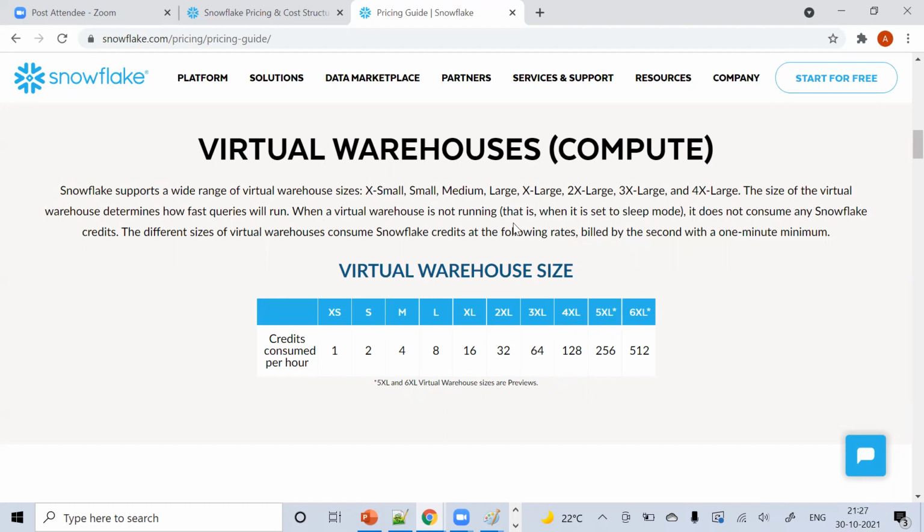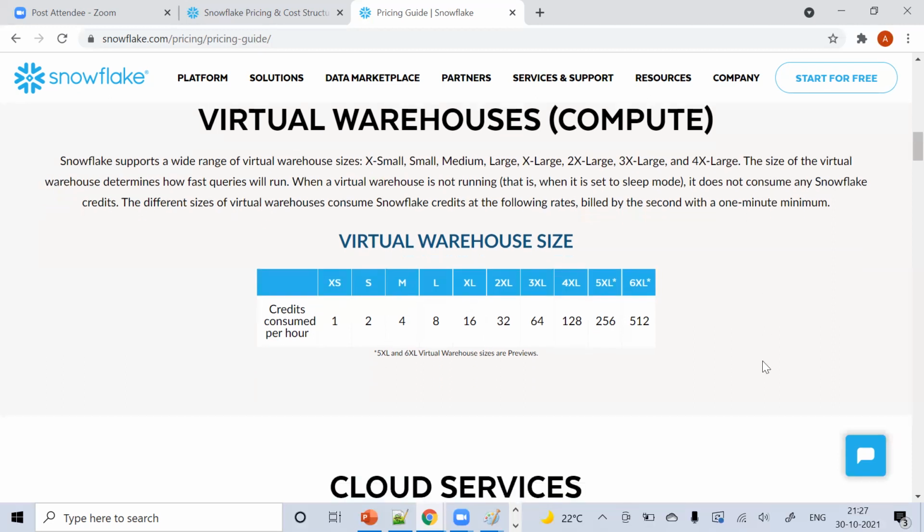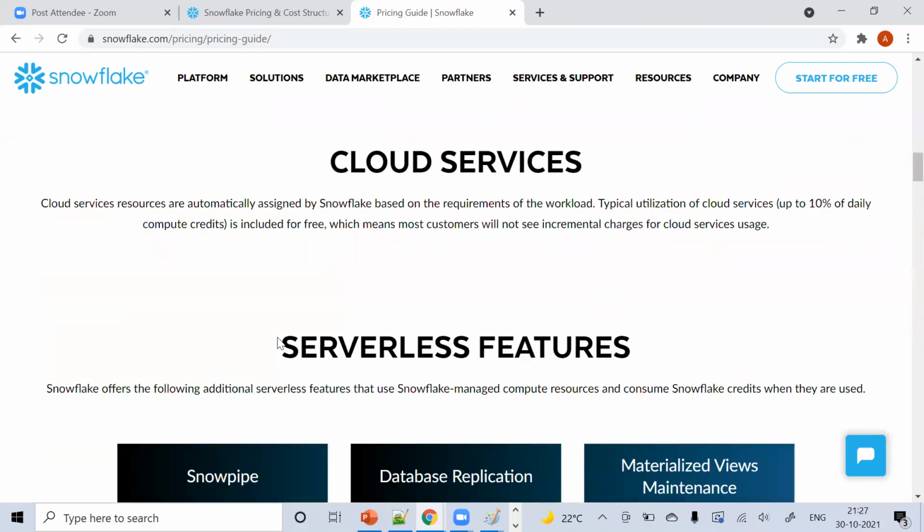When a virtual warehouse is not running, it does not consume any Snowflake credits. The different sizes of virtual warehouse consume Snowflake credits at the following rates, billed by the second with a 1 minute minimum. We just saw that. Cloud services resources are automatically assigned by Snowflake based on the requirements of the workload.